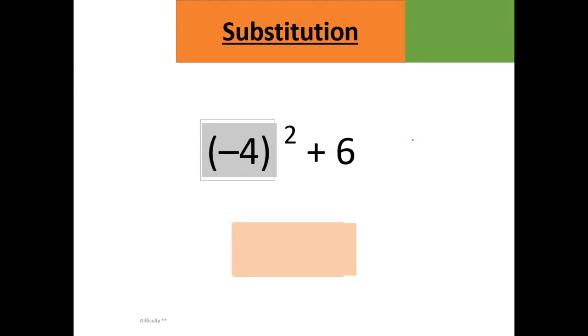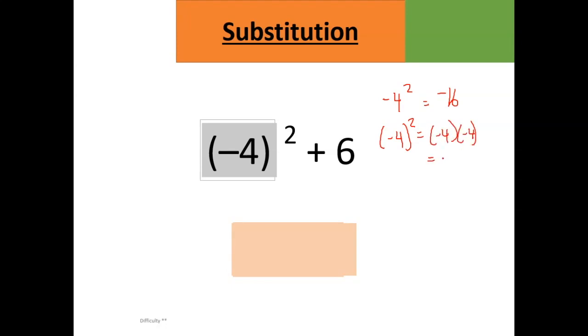So the biggest thing that students do here is they don't type the brackets around it. So if you do this without typing the brackets and you do -4 squared, the calculator is going to give you -16 often. If it just looked like this, and there was no brackets around it, that is -16. But when there are brackets around it, it means that I have -4 times -4, right?